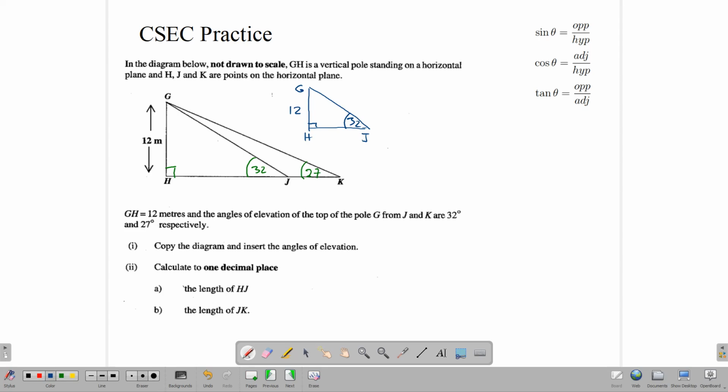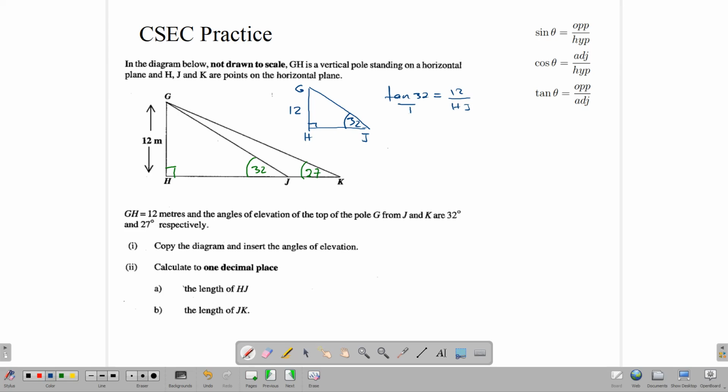Now opposite, adjacent, that's tangent. So we say the tangent of the angle, which is 32, is equal to 12 divided by HJ, opposite over adjacent.